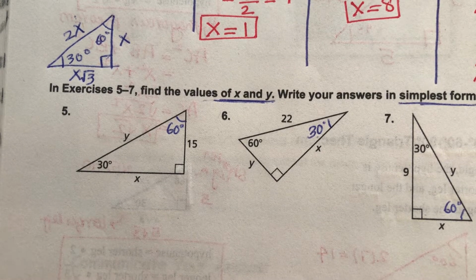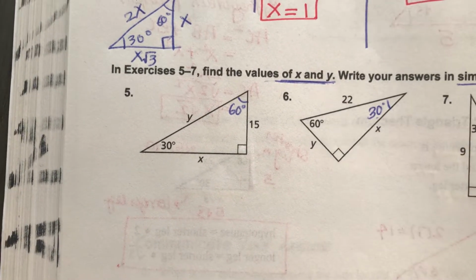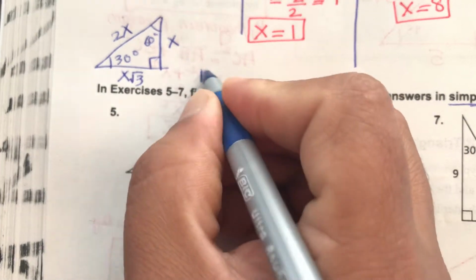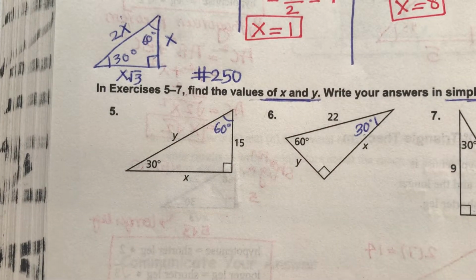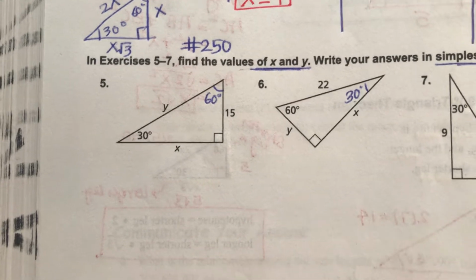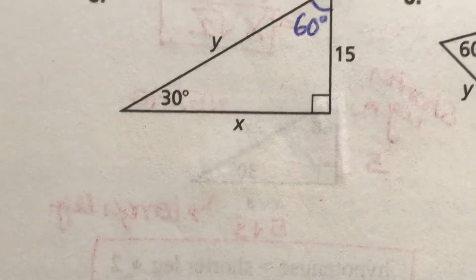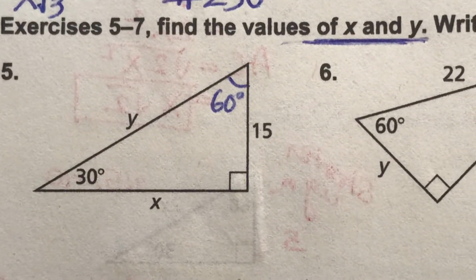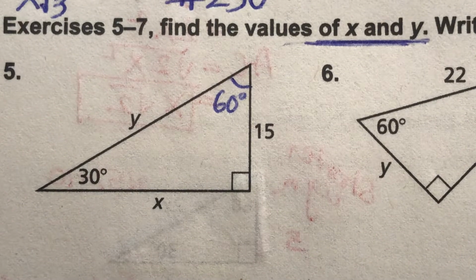So let's start doing it. I'll focus on question number 5 first, and these questions are on page number 250 of the Big Ideas Student Journal. We have been given a figure, and we have to first identify our shorter leg and longer leg.